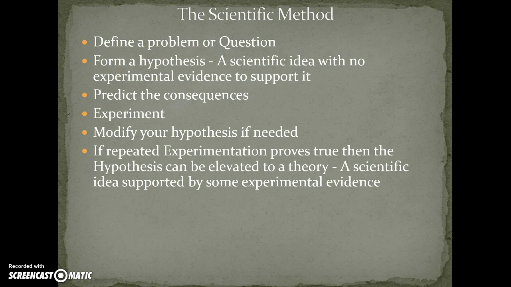You can't test evolution or experiment with it. When you run into those problems, I can't take something in a lab and try to do evolution, especially considering that it takes billions of years to ultimately happen. So there's no way that we can test something like that.